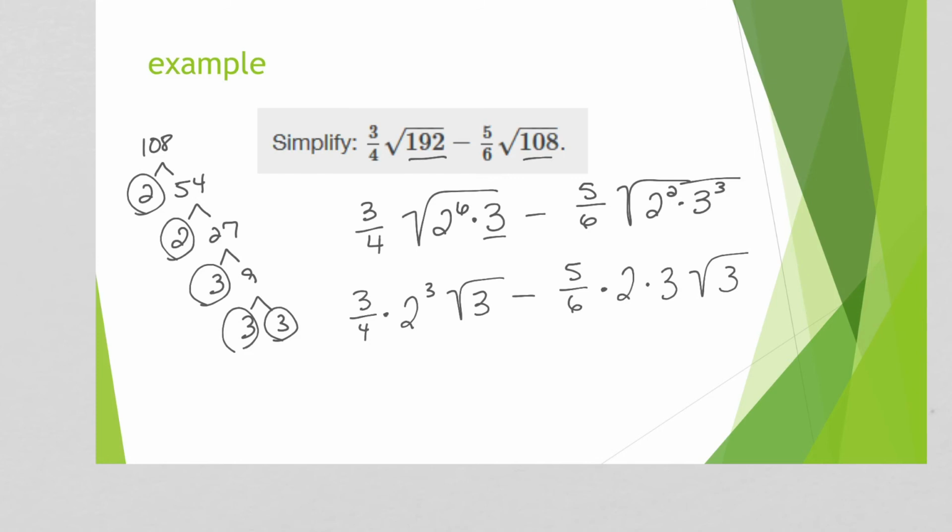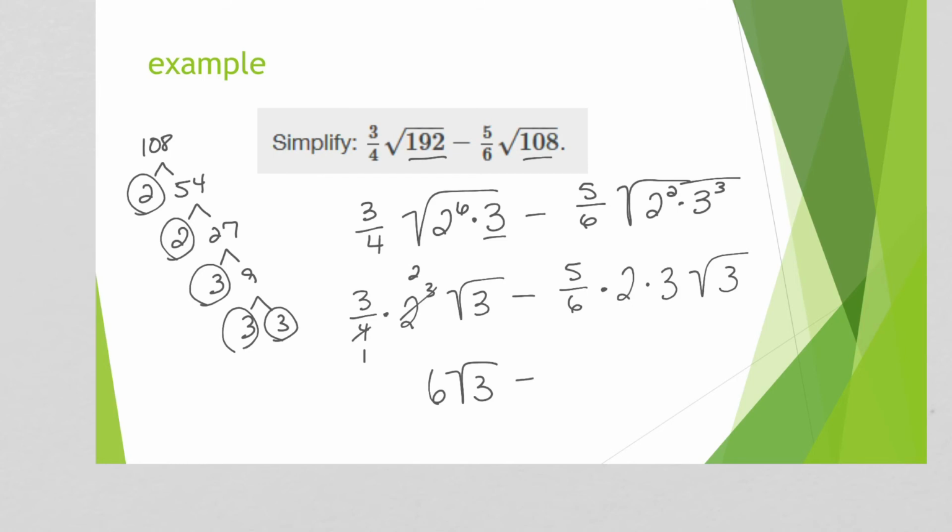And I'm going to multiply 3/4 times 8. That's what 2 to the 3rd power is. 2 to the 3rd power is 8. 3/4 times 8 is 6. If you're not comfortable with that, remember 4 goes into 8 twice, and then 3 times 2 is 6. So 6 square roots of 3 is what is right there.